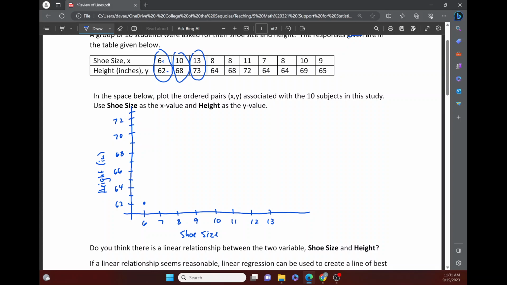Okay, and (10, 68) we would go over to 10 and then up to 68. It's a little hard to do this without a grid to work with, but that would be right about there. So I'll let you go ahead and pause the video and plot the rest of those ordered pairs, and then I will come back and show you what I've got. So go ahead and pause the video.